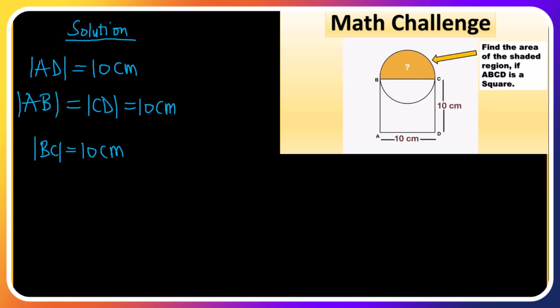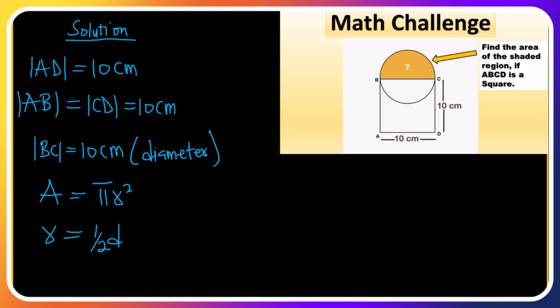Now BC describes a diameter. In calculating the area of a circle, area denoted as A is equal to pi r squared, and from the parts of a circle we know that radius r is equal to half of the diameter.